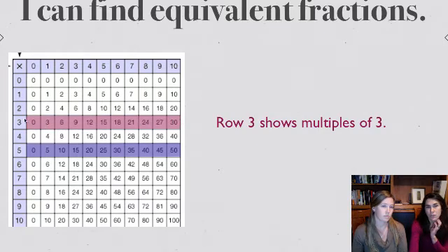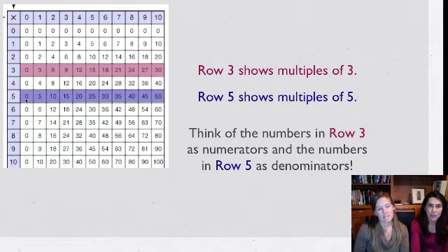So these are just different multiples of 3, and then we do the same thing with multiples of 5. Once again, we're going across this row, skip counting by 5s, and we basically can make one of those equivalent chains by thinking of row 3 as all of our numerators and row 5 as all of our denominators.